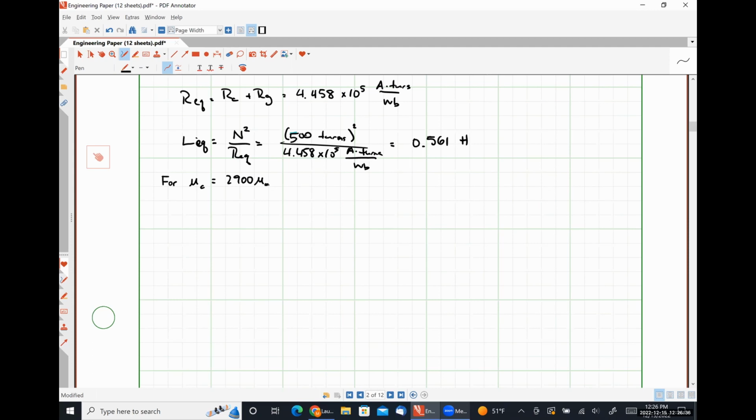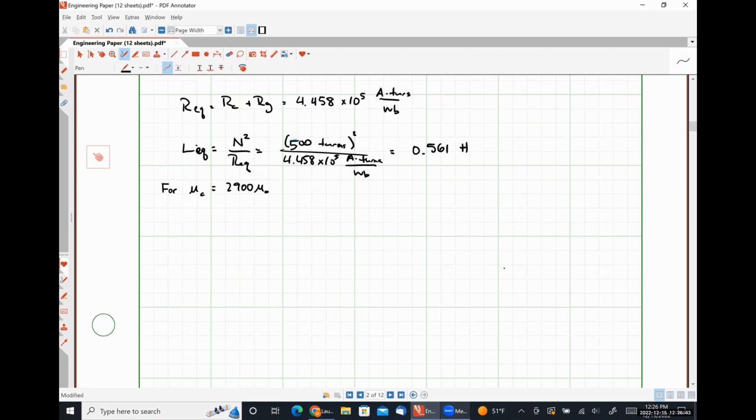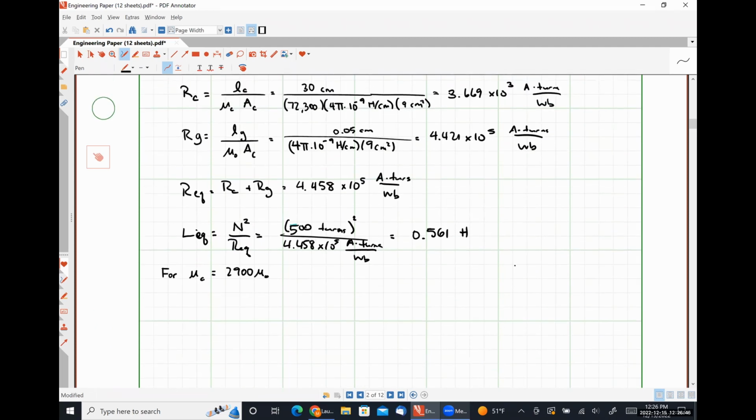So let me ask you guys a simple question. What are we expecting to happen here? Anybody have any thoughts? So if the denominator is going to decrease because mu is going down significantly, then that should mean that the reluctance of the core is going to go up, right?